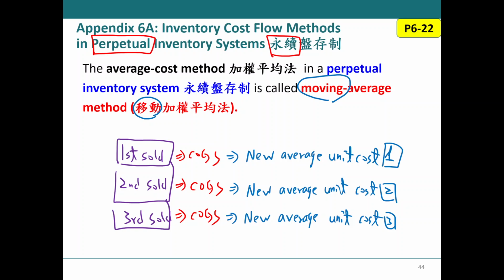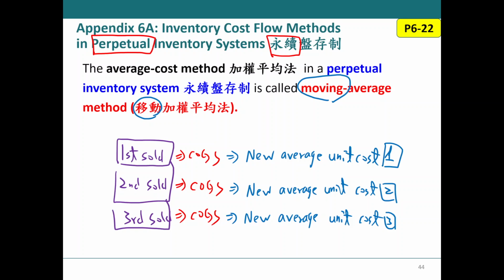So did you find out why some companies prefer to be lazy guys? Because for hard workers, it's quite difficult. When we sold 1,000 times, you had to compute 1,000 times, you know? So it's quite hard. For your new average unit cost, you have so many new ones, right? So that's moving.